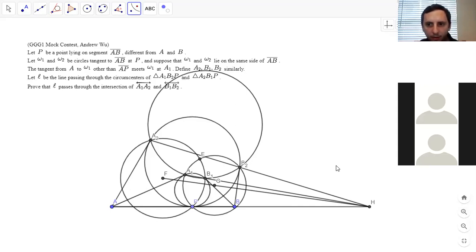Okay, so we know that if we do the inversion at H with power HP squared, it will take A1 to B1, A2 to B2, and B2 and B1 likewise, and it will keep P at P. So the circle A1B2P will become A2B1P.